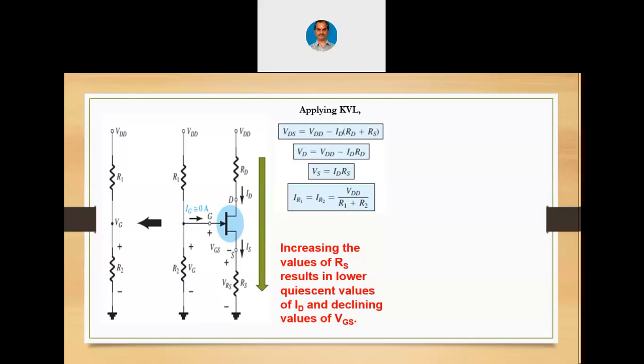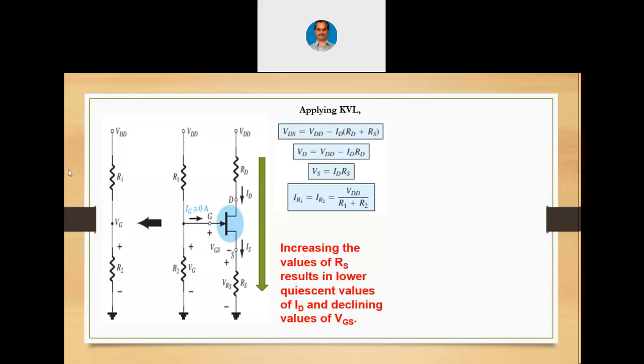Same thing holds good here also. If RS is increased, ID will reduce, VGS will reduce. But you know that VG is fixed now. VG remains fixed. Even in BJT, VB used to remain fixed.